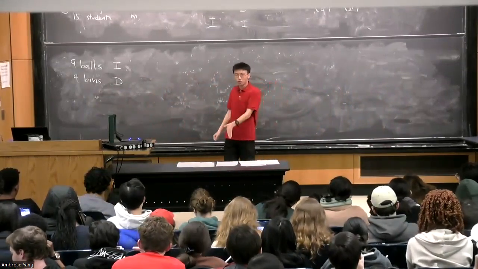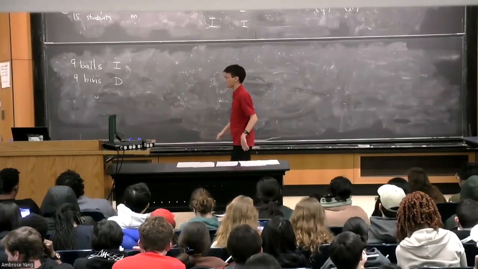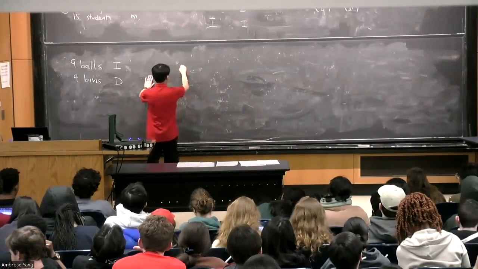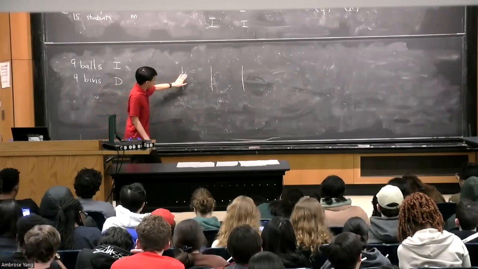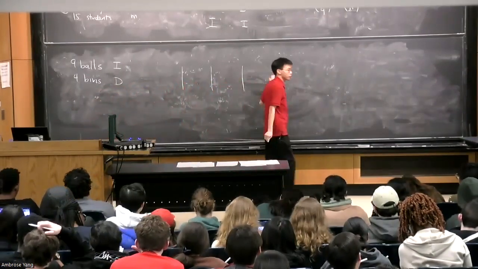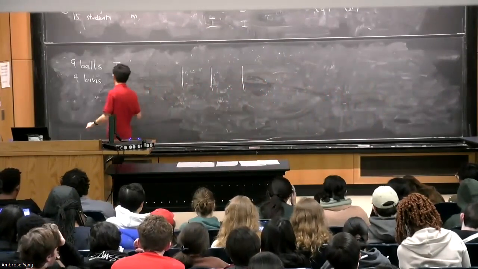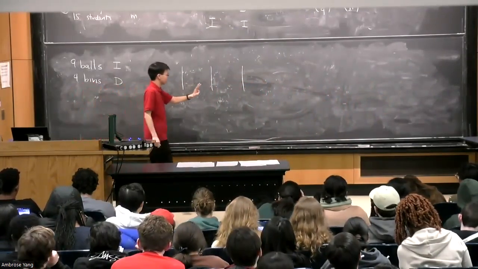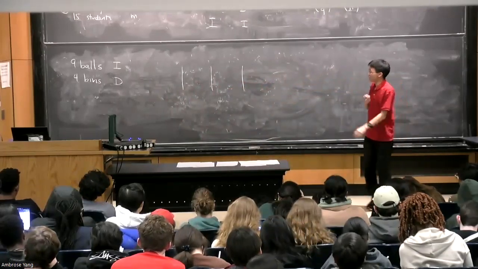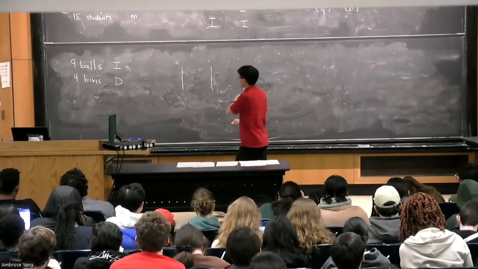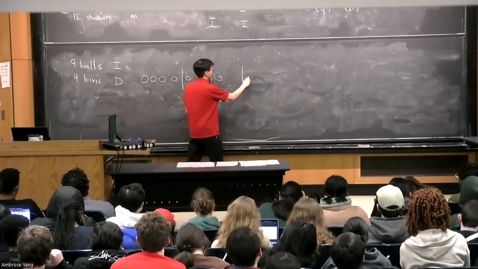How many dividers do you need to divide this board into 4 areas? Well, you need 3 dividers. I need 1 here, 1, 1. This is the first bin, this is the second bin, third bin, fourth bin. Notice that these bins are in fact distinguishable based on their relative position. So I need 3 dividers to demarcate the 4 bins. After I've demarcated the 4 bins, I can insert the balls, maybe 1, 2, 3, 4, 5, 6, 7, 8, 9.